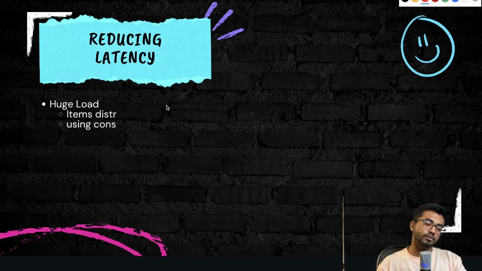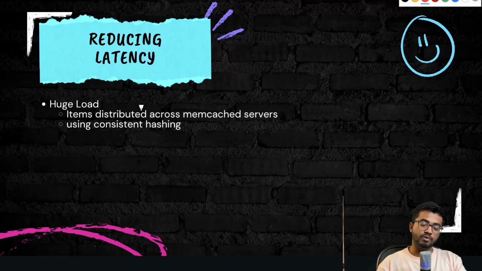Think about this. When we have a huge load, we distribute the data across different Memcache servers. So now you'll think, how do I reach that location? How do I know which server has the key? This is a problem of load balancing. If you have come across load balancing, or LBs in this case, which sit in front of multiple servers and decide where to go, it's a very well-defined, deterministic, solved problem.